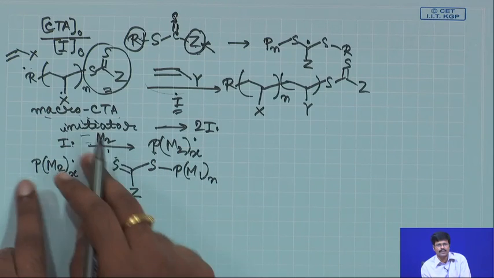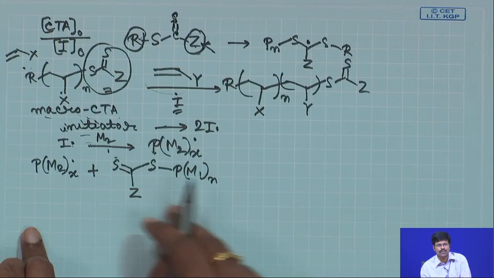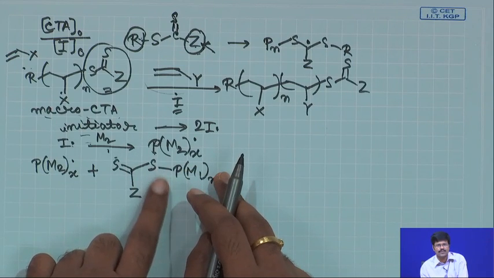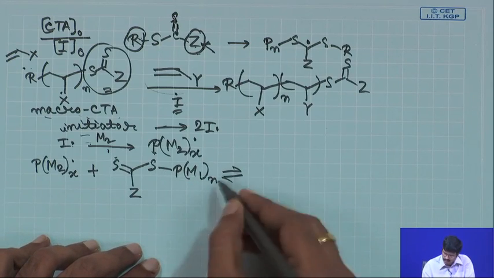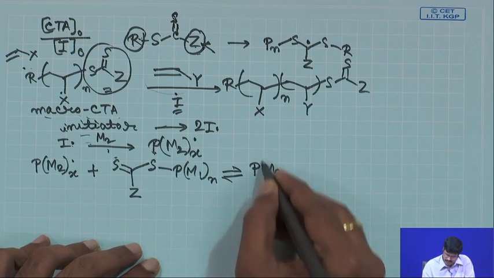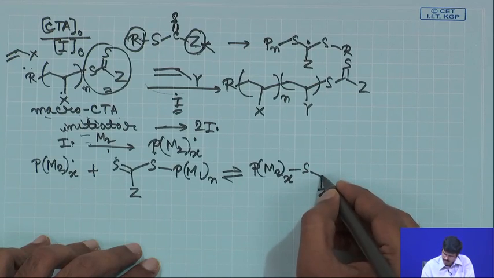So, at some point this growing propagating species will do a chain transfer with this particular molecule, this chain transfer agent or macro chain transfer agent. So, when it does that, there will be an equilibration like this. So, you have P M2 x S Z.